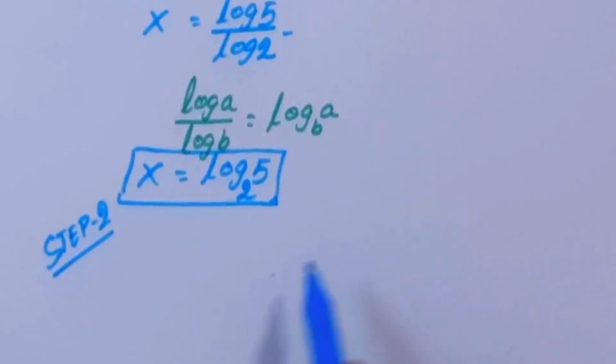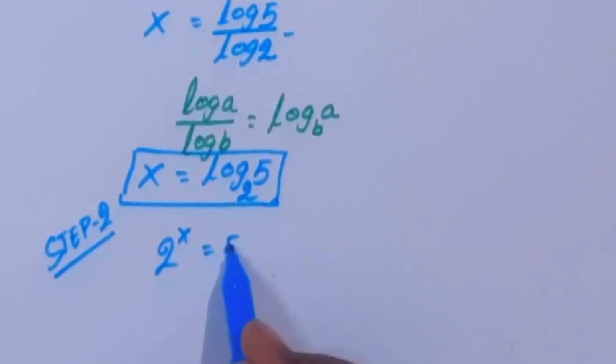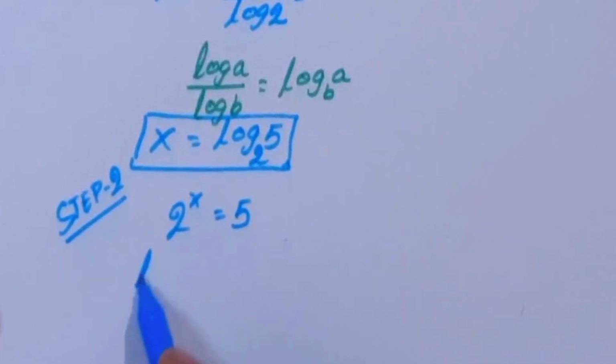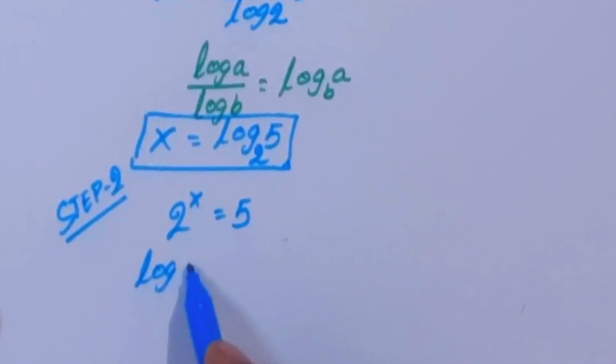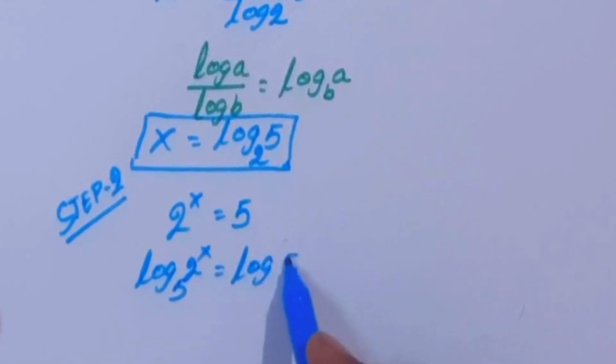Now 2 power x equal to 5. Now take a log on both sides. This log has base 5. So log 2 power x base 5 equal to log 5 base 5.